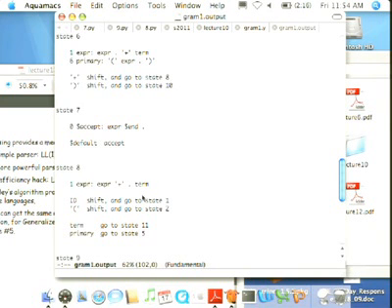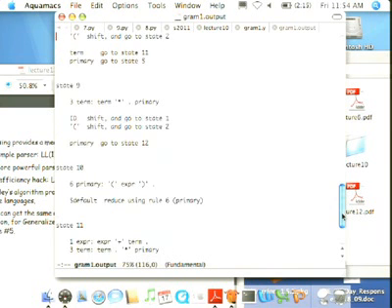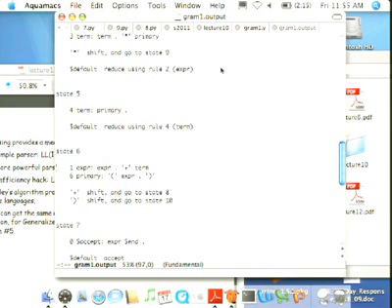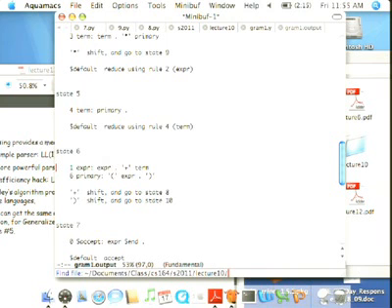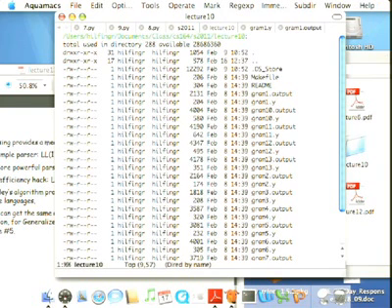Now let me try to find a grammar that's... let's see if gram 3.y is in there. So this is one where we have supplied precedence to disambiguate the grammar, and the result of that is that we get this nice output, and in the problematic state, like state 9, for example, where there was a problem before, now there isn't a problem.